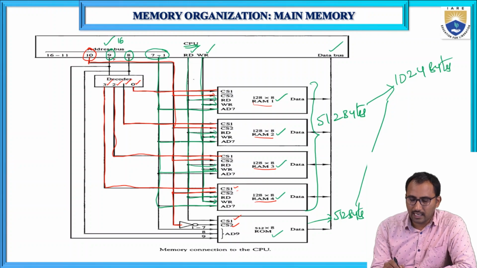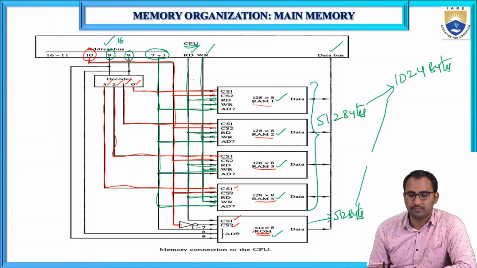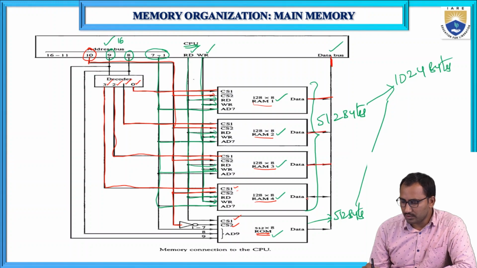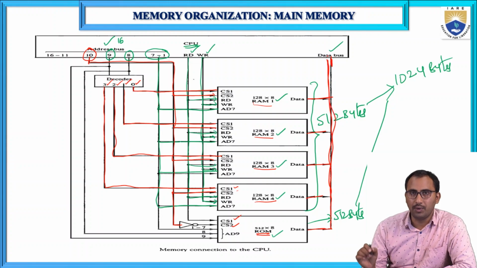Address lines 1 to 9 from the CPU we give directly to the ROM chip. And from the CPU we have a data bus. The data bus of all the memory chips we have connected to the CPU, and the data bus of the ROM chip also we connect to the data bus of the CPU.